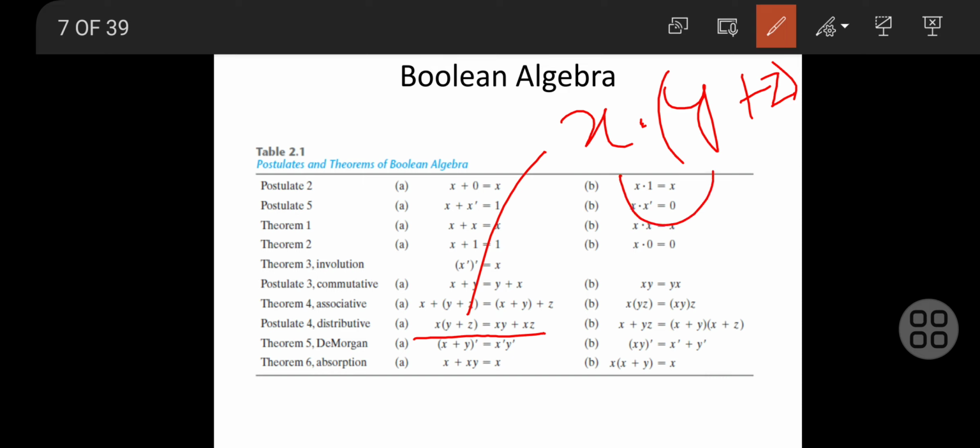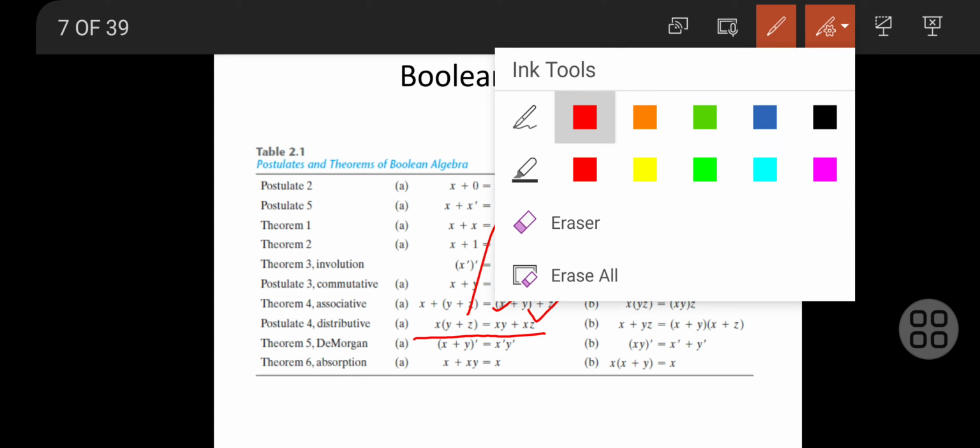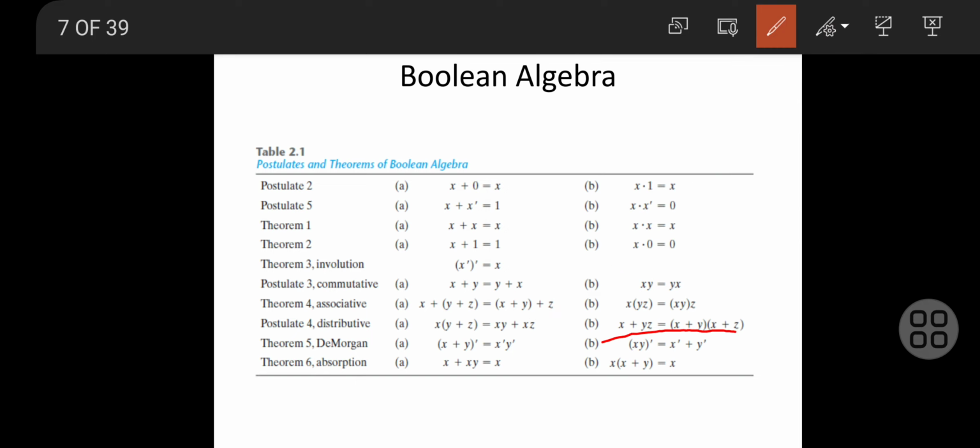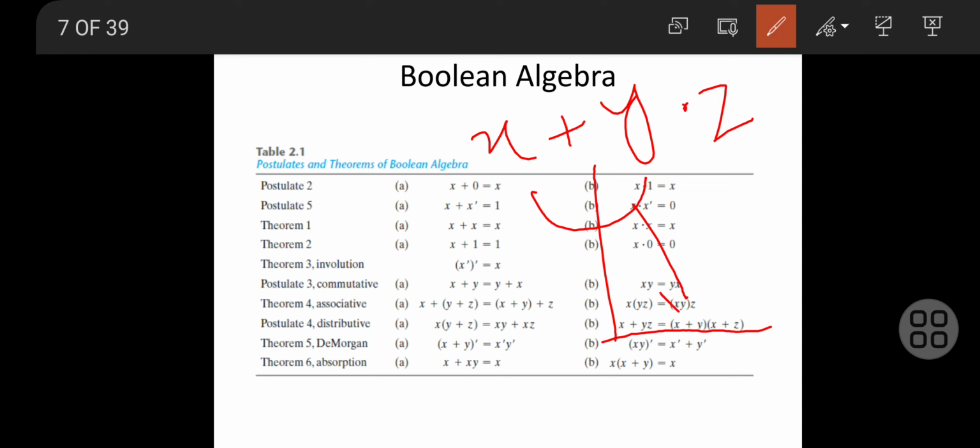So in this case, xy plus xz, right? Another one: x plus yz, that means x plus y dot z. First you take x plus y, then dot, then x plus z, right?